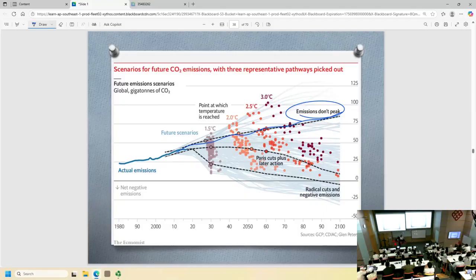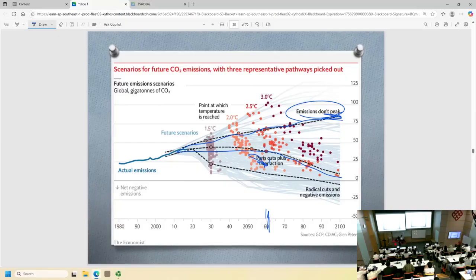So if we don't peak the carbon dioxide emissions, then probably by the year maybe 2060, the global temperature will increase by 3 degrees C. And if we follow the Paris Agreement and cut the emissions, then maybe by that time the temperature is only maybe 2 degrees C higher.